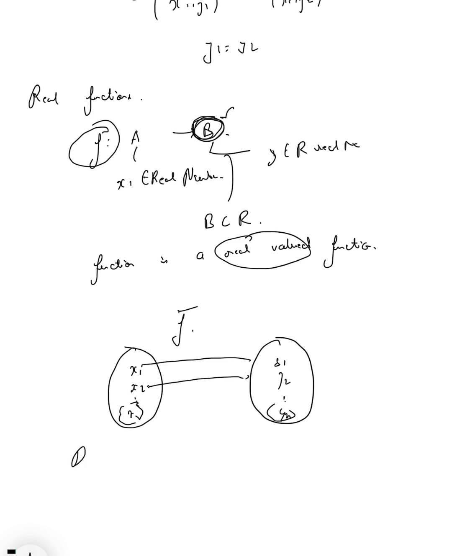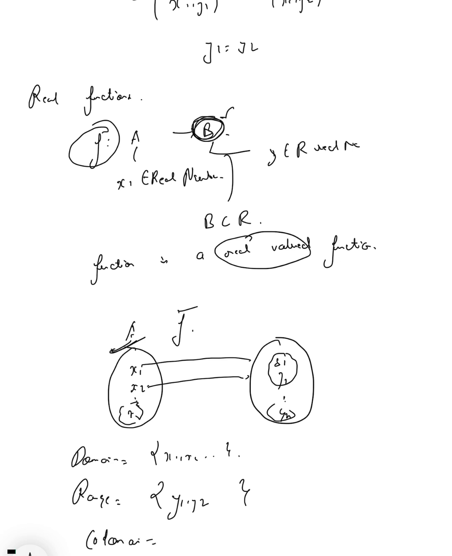The domain is the set of all elements in A, so x1, x2 and so on, and the range is your elements y1, y2, only the elements that were mapped by the function. Always remember this. And the codomain is the whole set B. I think I made my point clear.